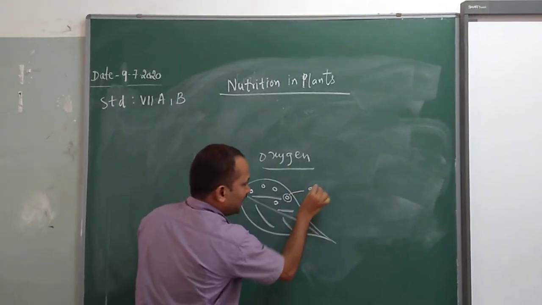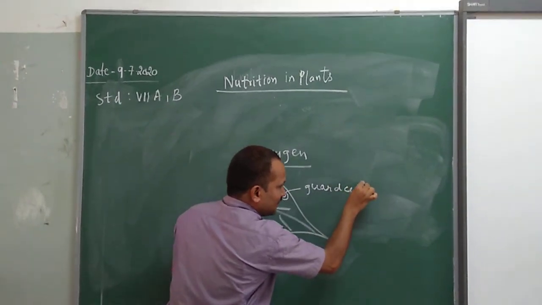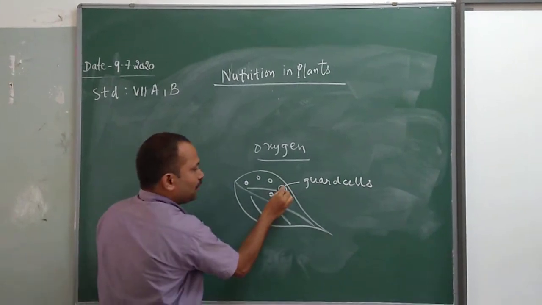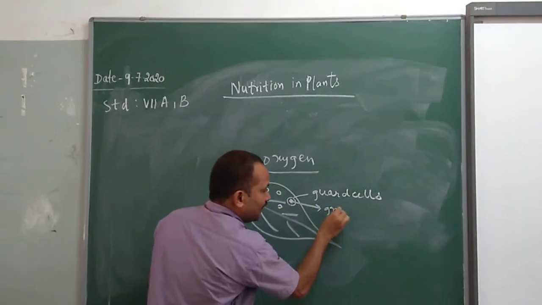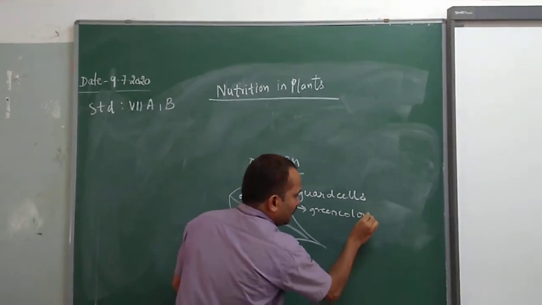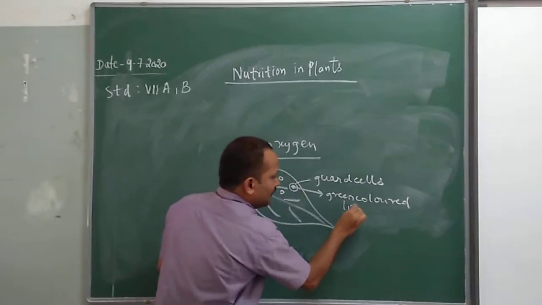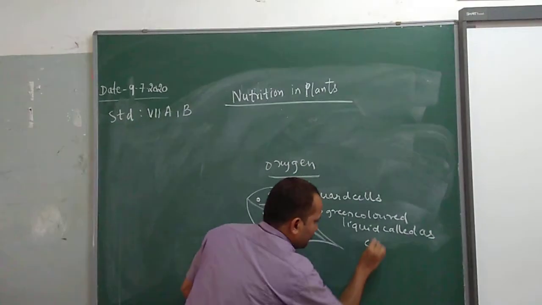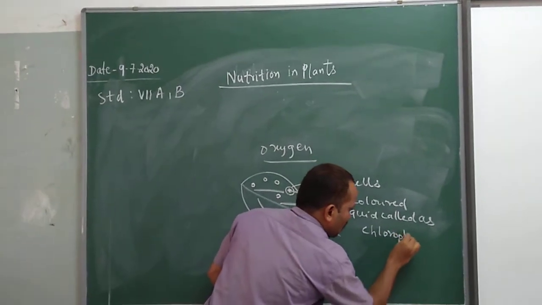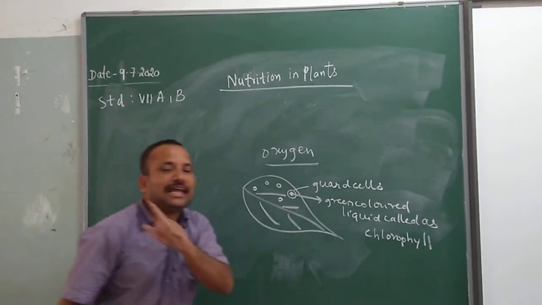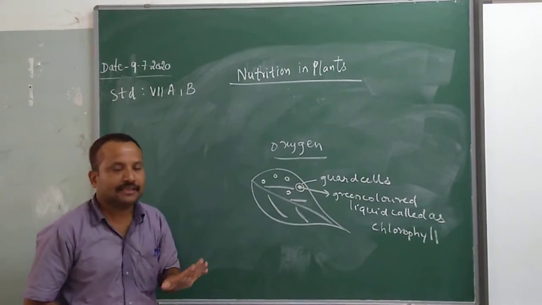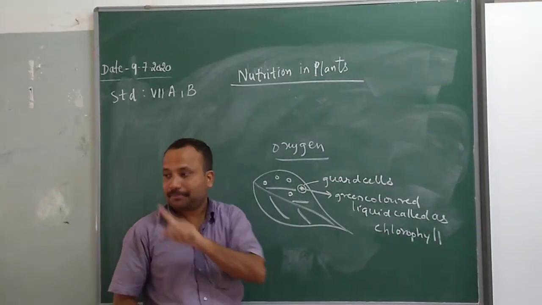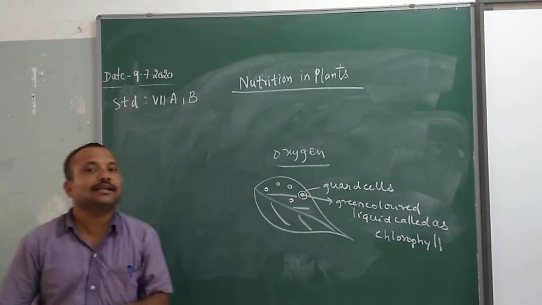Inside the cell we have a green colored liquid called chlorophyll, which can absorb the sunlight. Chlorophyll, a green colored liquid.